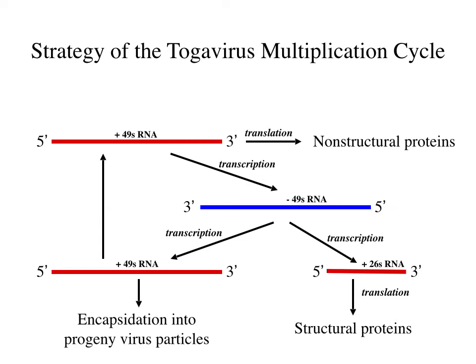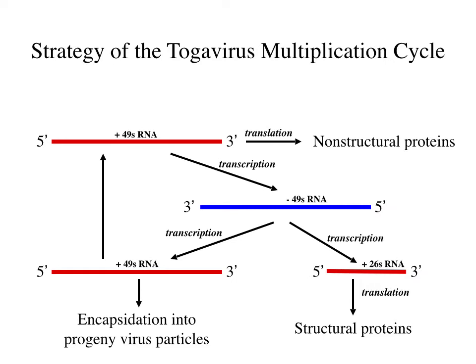That's what enters the cell when the virion is entered, uncoated, and the genome enters the cytoplasm of the infected cell. The first step, because remember, this always happens with positive sense single-stranded RNA viruses, you're going to get translation of non-structural proteins.